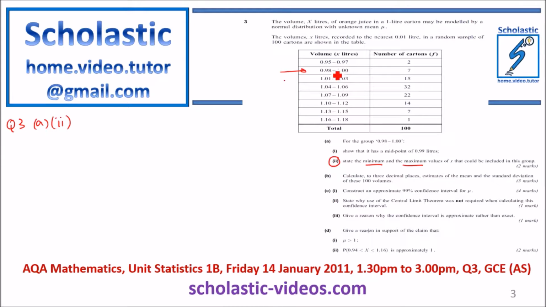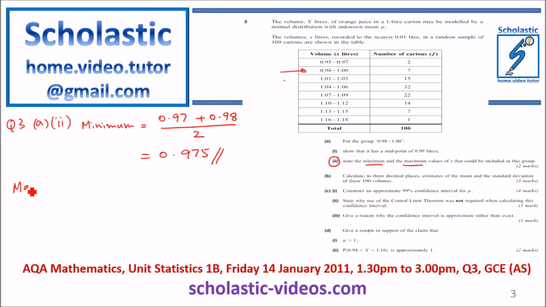The lowest value that can be contained in this range, the minimum value, is the midpoint of the range between the two classes, 0.97 and 0.98, which is equal to 0.975, which we have already seen earlier.